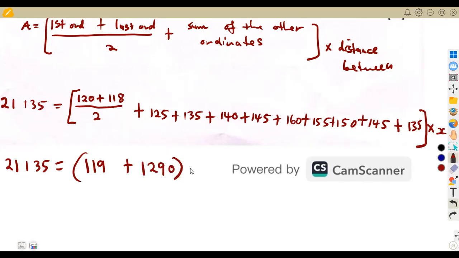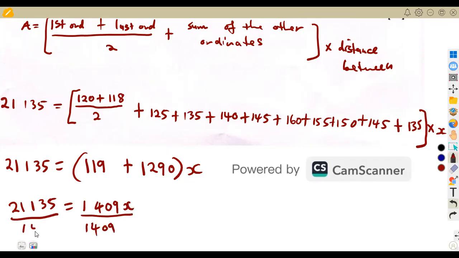Then multiply by x, which is our distance. Then from there, guys, we are now left with a normal equation where we can add these two. We get 1,409x. So to find x, we're going to divide both sides by 1,409.